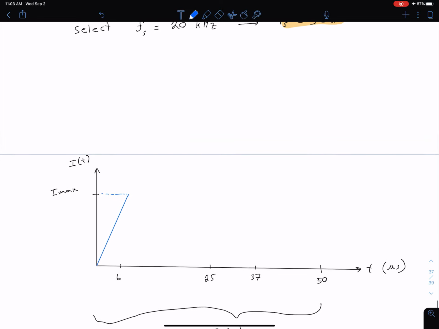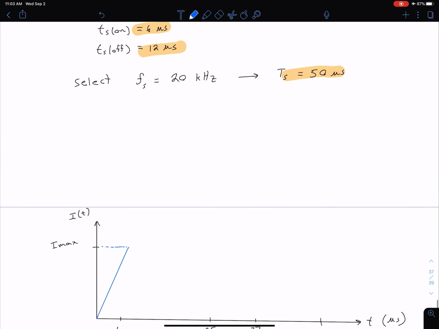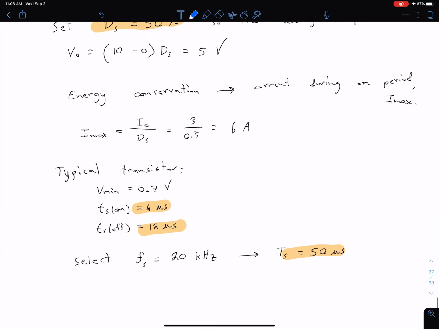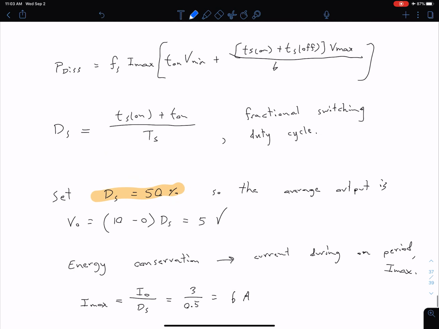So now we're going to go for a certain amount of time. And what is that amount of time? Well, we can figure that out based on the equation for our fractional switching duty cycle. We know that is supposed to be 50%. Looking at this equation, we know that our TS is 50 microseconds, we know our TS on is 6 microseconds, and we know we want this DS to be 50%. So we can solve for our T on, the only thing not highlighted in that equation.